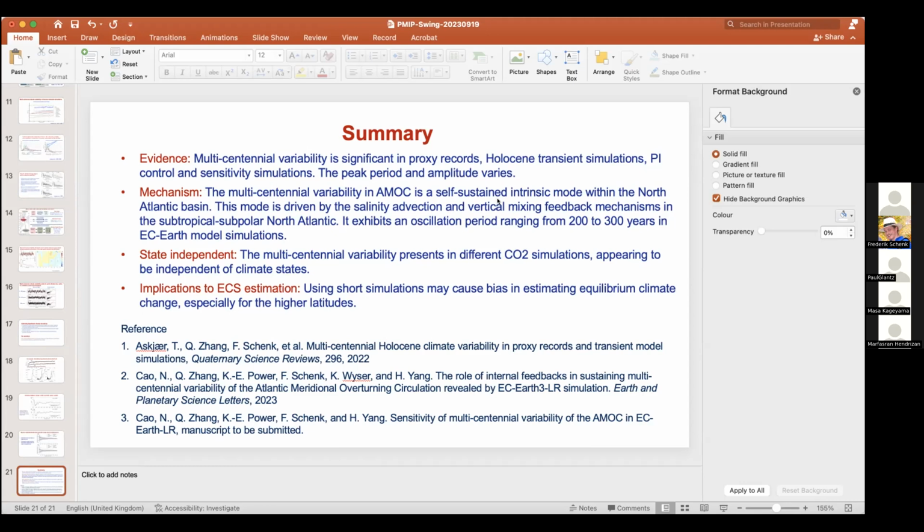And more importantly, it's also already present in a very simple box model. So it's theoretically already an eigenvalue mode. It also shows this. So that's why we continue to study this, because we think there's theoretical support for this kind of theory. Then I think the further plan is to look at how different forcing tries to damp or amplify this signal. Yeah.